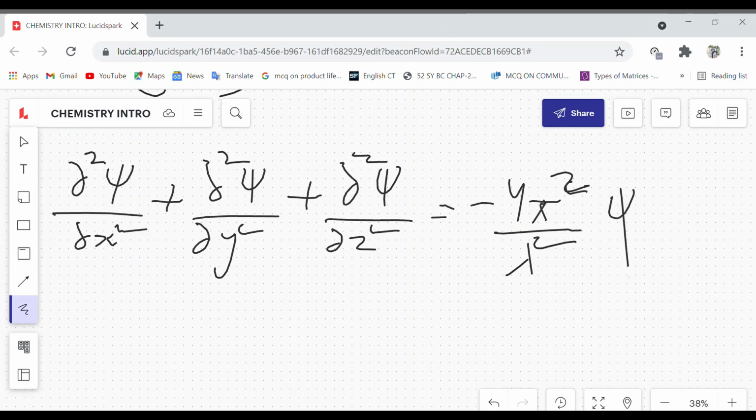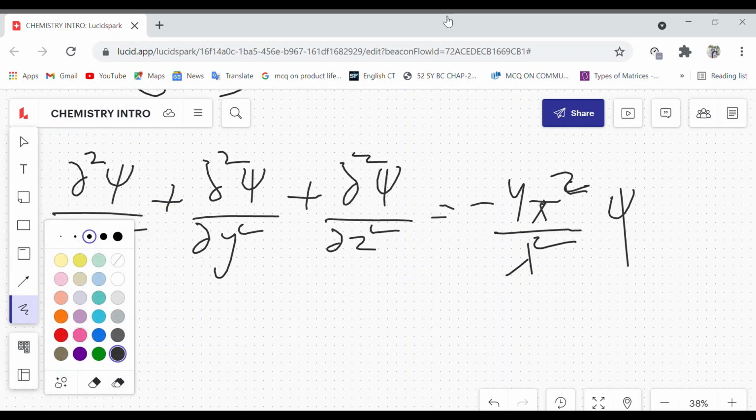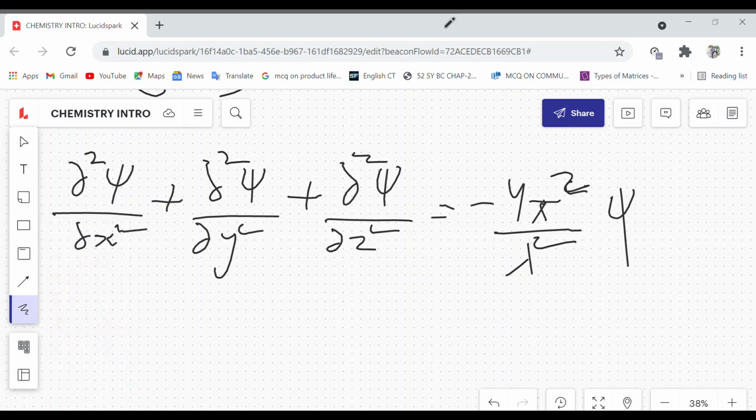Here this lambda we can consider as h by mv.